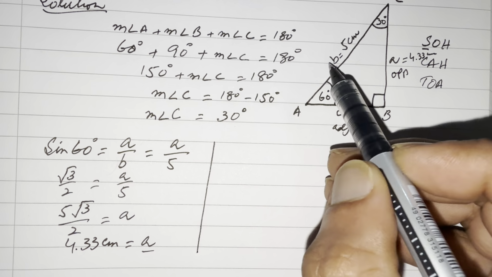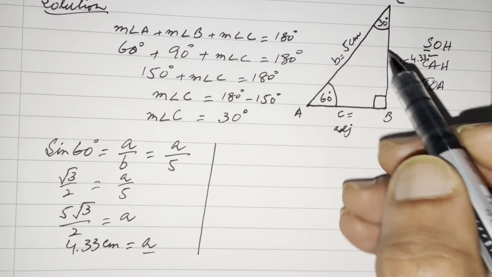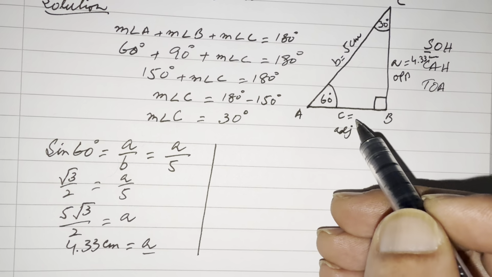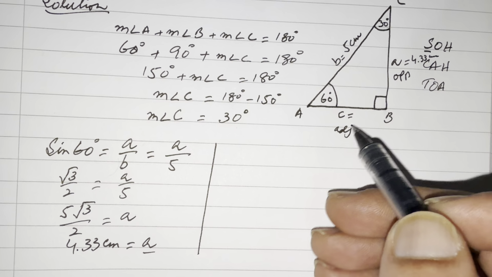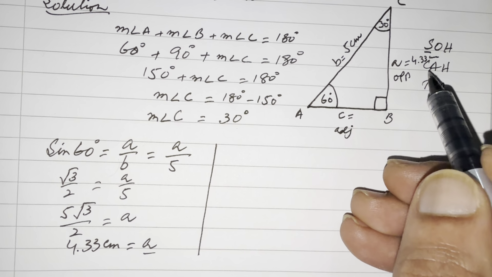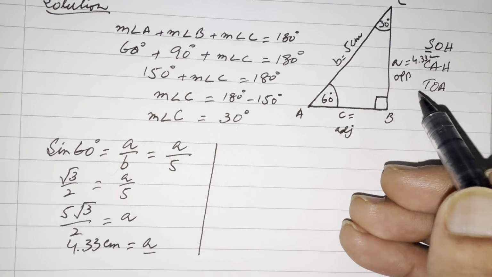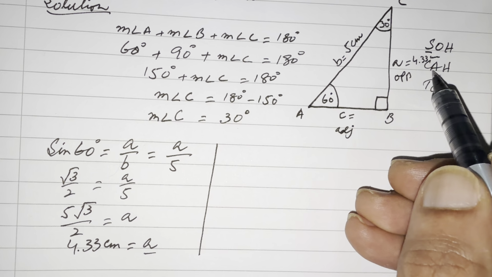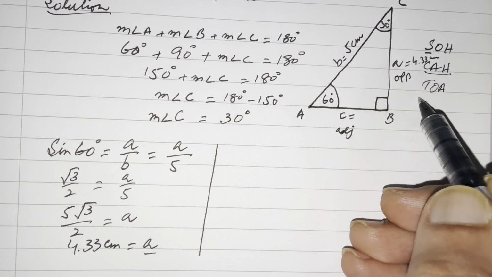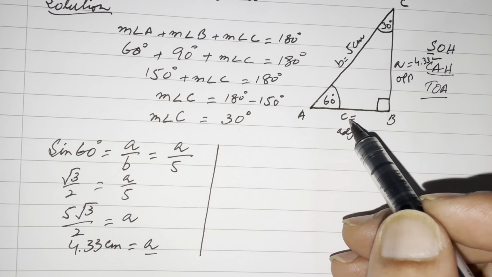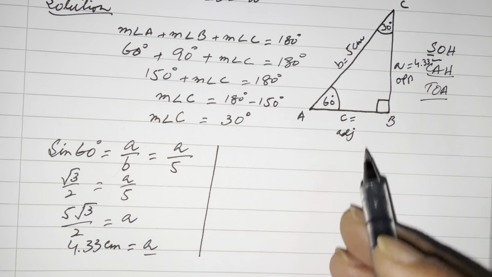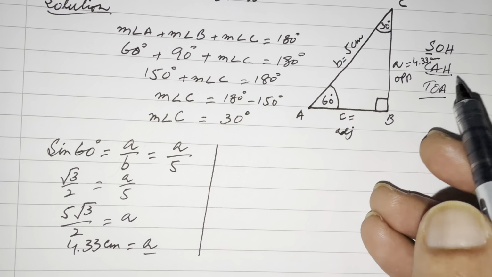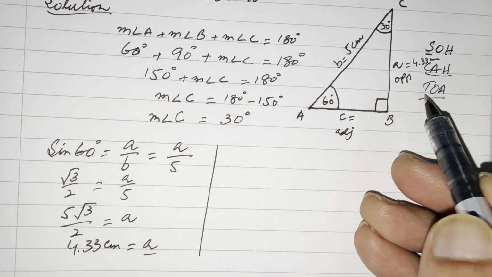So now we have found two sides of the right angle triangle. Now we have to find the third side, which is the adjacent side, with the help of these two trigonometric ratios. We can use this trigonometric ratio or this trigonometric ratio to find the length of the adjacent side. So let's say that we take tangent.